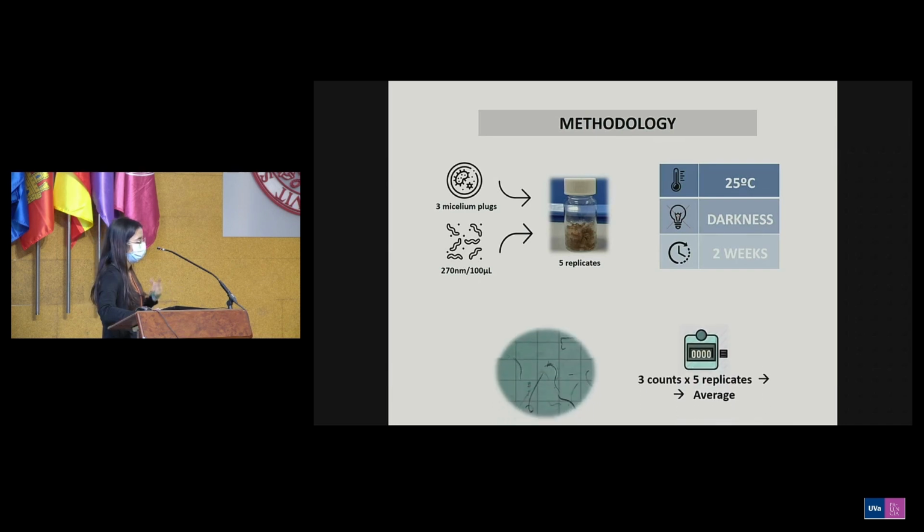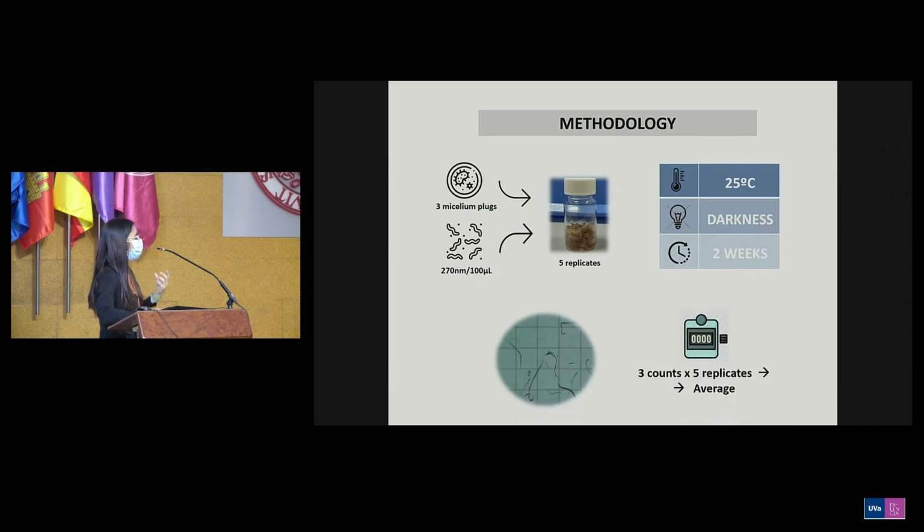And after these 2 weeks, we extracted the nematodes and carried out 3 counts of each replicate, so that at the end we have 15 counts of each treatment, and we calculate the average of the population size.